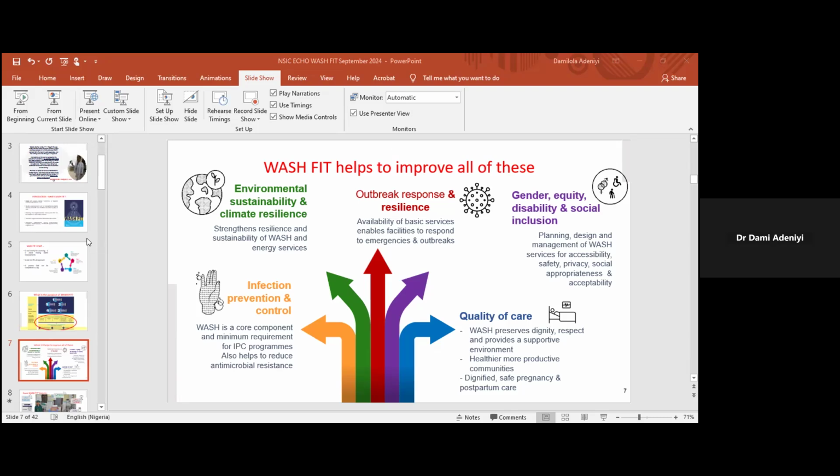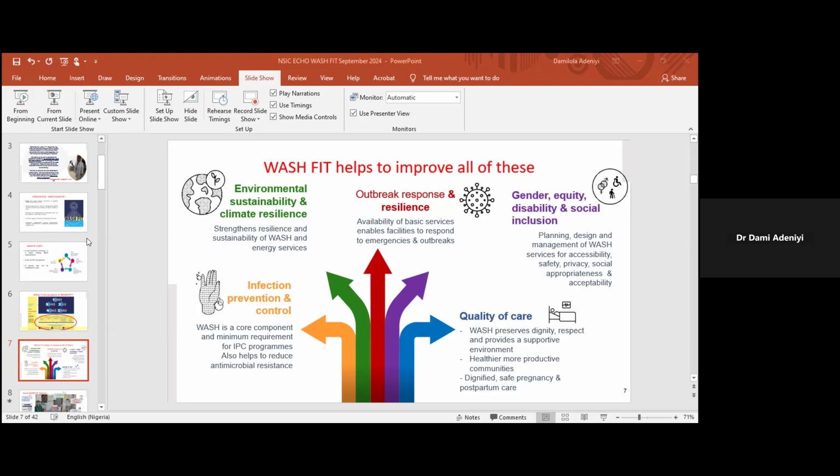Well, I think it depends on the facility. It depends on what level of facility you're looking at. I believe in the concept of piloting things so that you can, on a small scale, envisage challenges before you move to a larger scale.